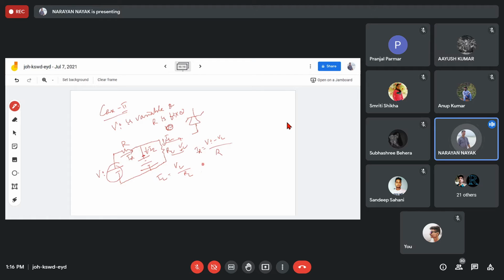Understood? And if you have to calculate the power across the Zener, how do you calculate it? The voltage Vz into the current across the Zener, that is Iz. Understood, everybody? Then only you will get the constant voltage.